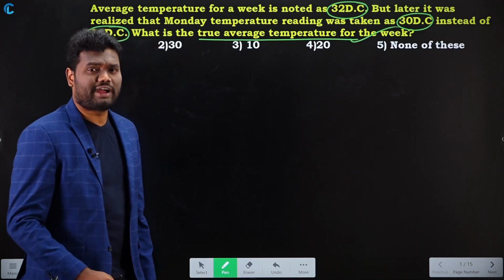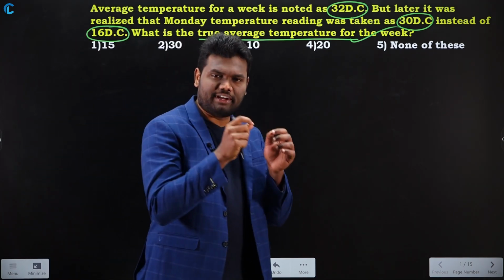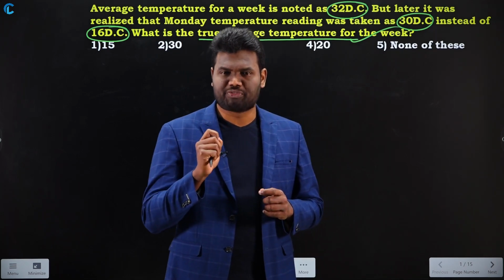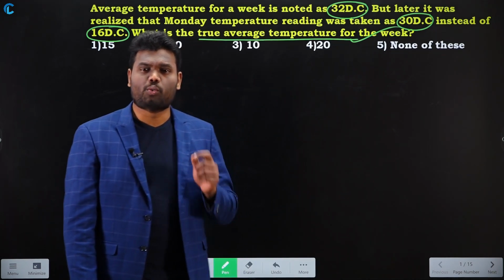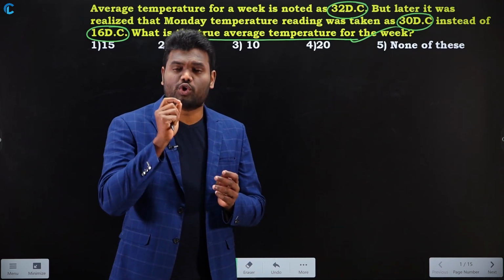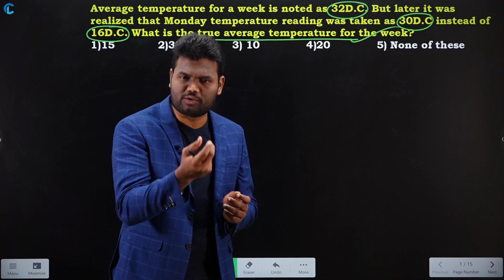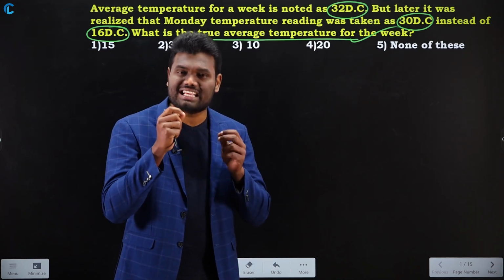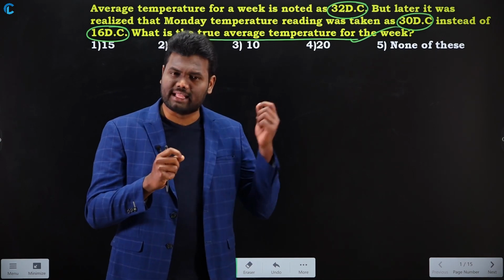So they are asking us to find the correct or true average temperature for the week. Now in these types of questions, they will enter one wrong value, so due to that, the average is going to change. Now we are supposed to correct that average. These are the questions that are going to come in this model.